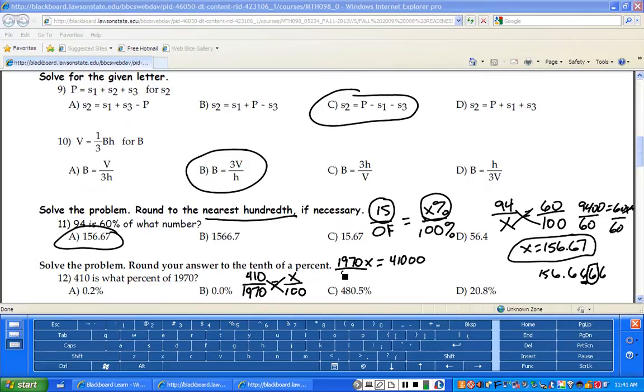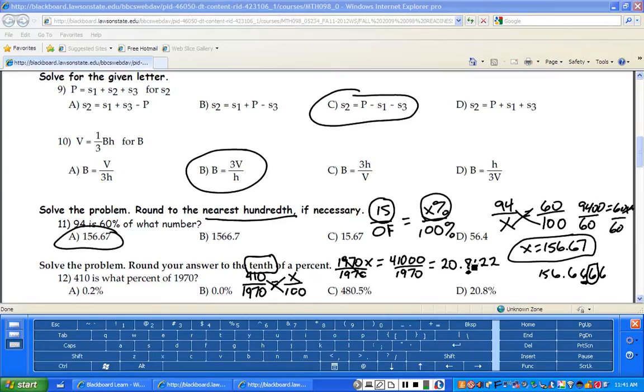Then you would divide 1970 on both sides. Cancels. And you'd be left with X equaling 20.812, keep on going, but they want to the nearest tenth. The tenth is represented by this 8, the first place to the right of the decimal.